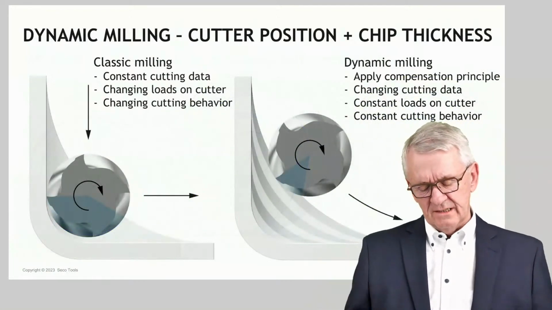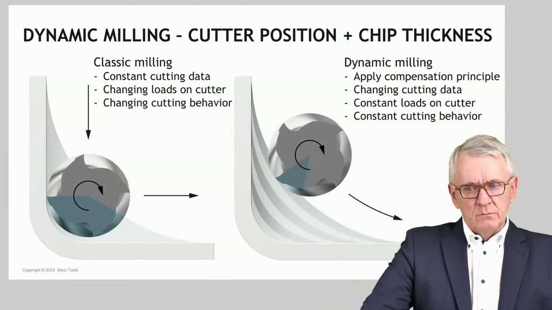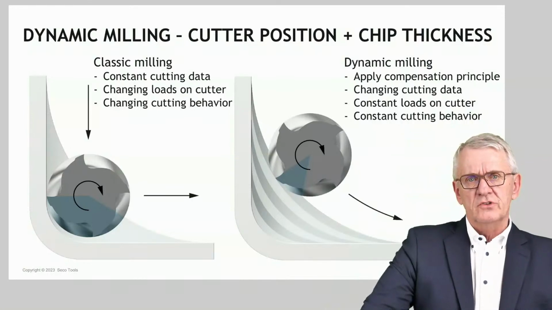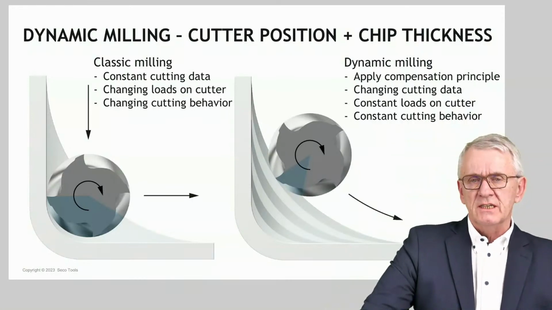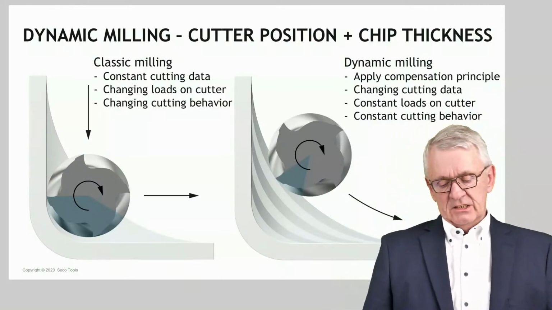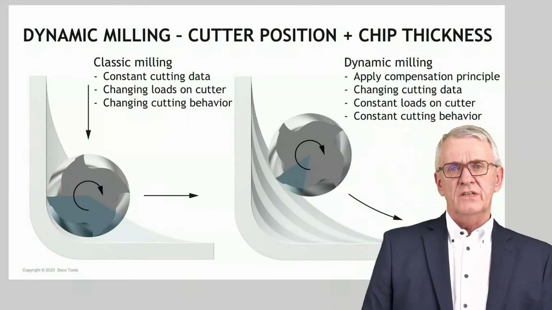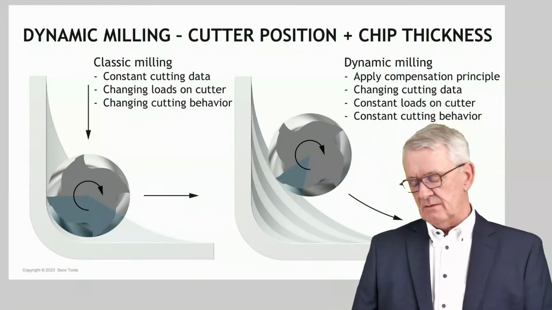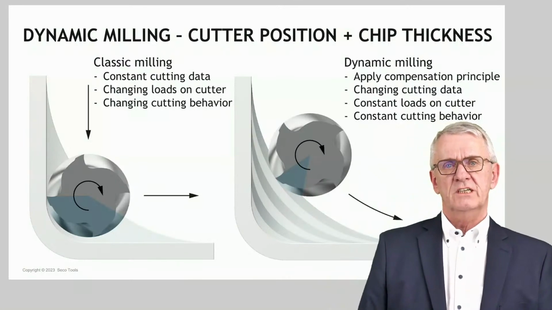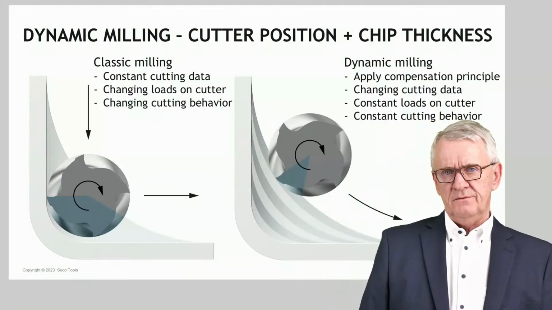Now, talking about these things, and more important, applying these things, that is what people refer to today as dynamic machining, dynamic milling. Dynamic milling is a situation where we use the calculation power of nowadays CAM systems and machine controls. We use the possibilities we have, much more flexibly than ever before.